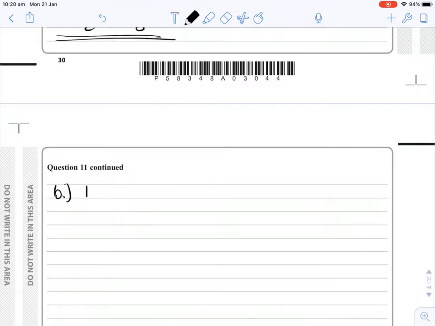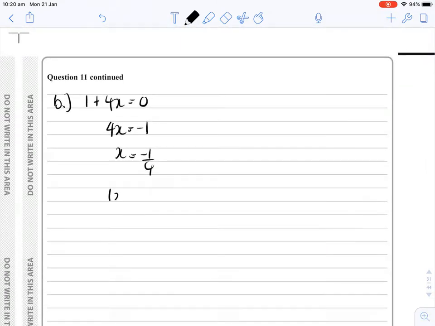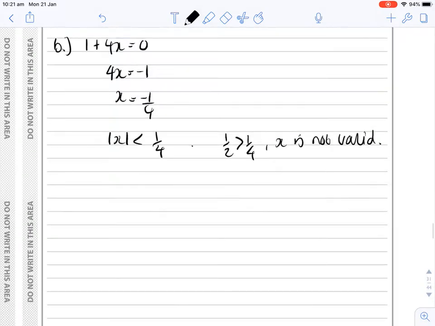If we look at the first one, we say 1 + 4x is equal to 0. So 4x is minus 1, x is minus a quarter, and so therefore modulus of x has to be less than a quarter. So as a half is greater than a quarter, x is not valid. That's why we can't use it.